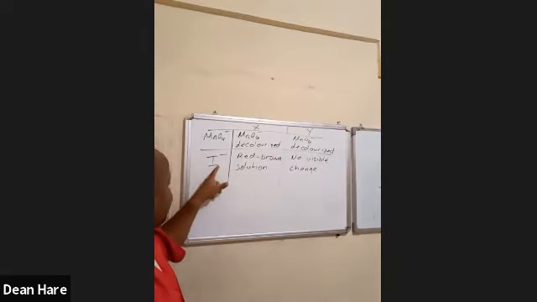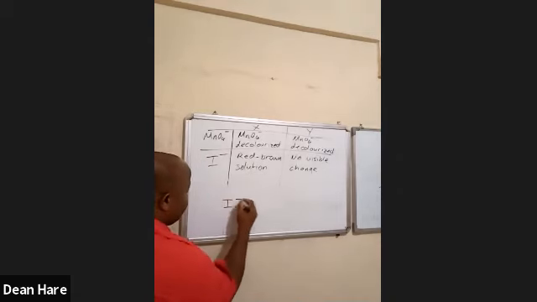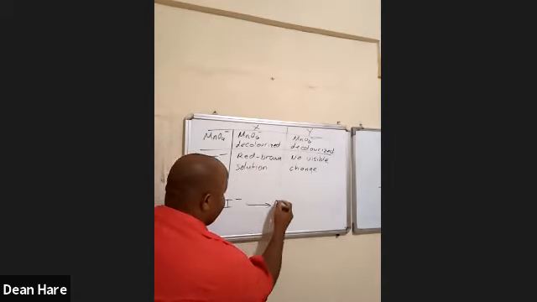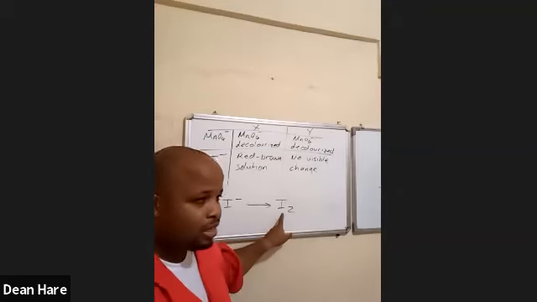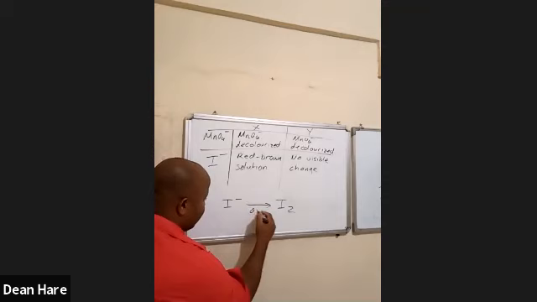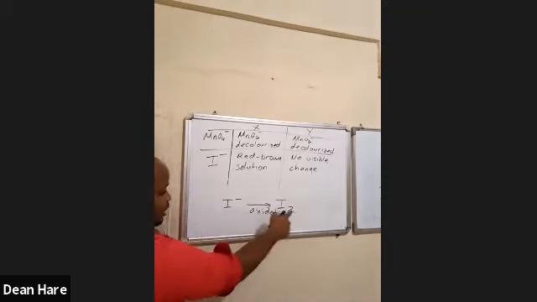Now the I minus, right? So if you have I minus and you get a red-brown solution, something happened to I. Was it oxidized or reduced? Oxidized. All right. So this is oxidation, right? So if I minus was oxidized to I2, what kind of agent is it?